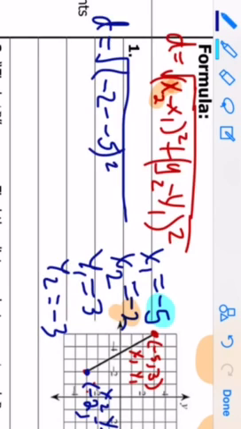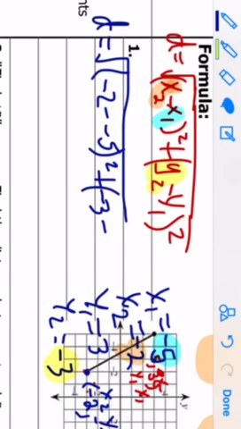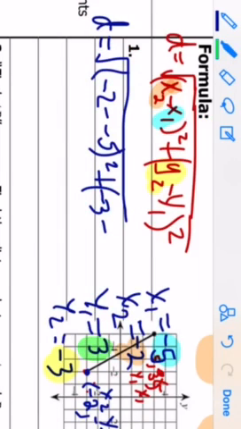Sorry, that was for x1. And now let's do y1. So y1 is 3. y2 is -3. So we're going to plug that in next. All your other math symbols have to stay. So plus parentheses, -3, minus, and then y1 is 3.